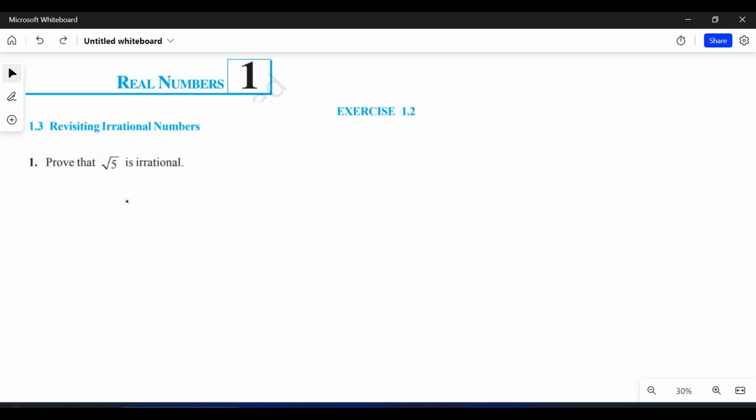Question number 1. Prove that root 5 is irrational. So this proof is based on the technique called proof by contradiction. So let us assume to the contrary that root 5 is a rational number.